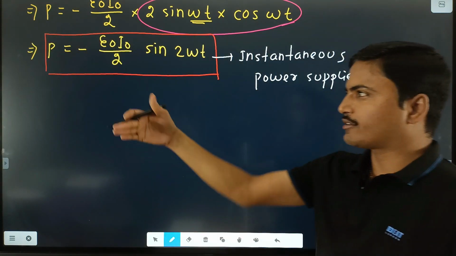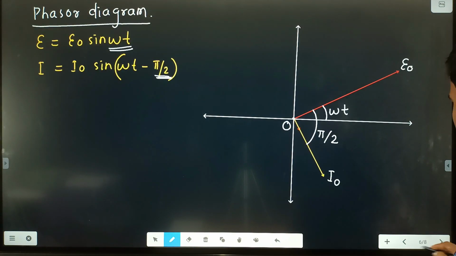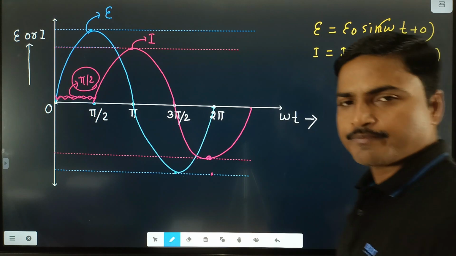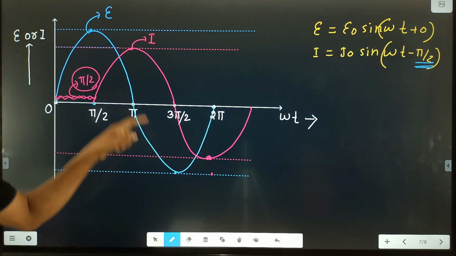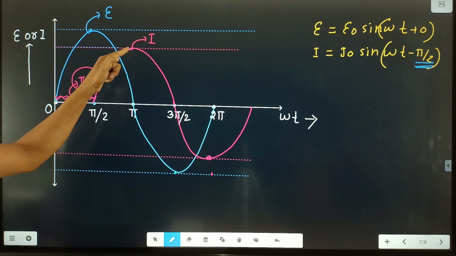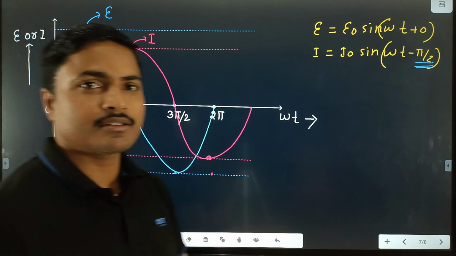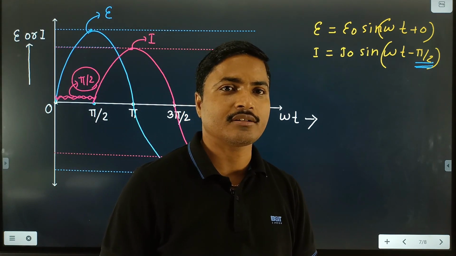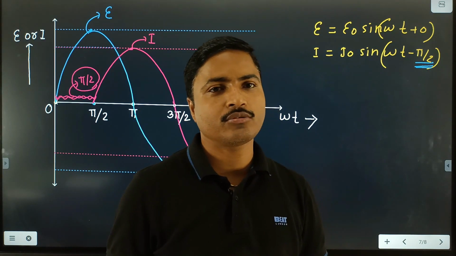Clear? Then you calculate the average power. Why? Because from the graph, the magnitude of the current is not constant, and the magnitude of EMF is also not constant. That means power is not constant; its magnitude varies with time.